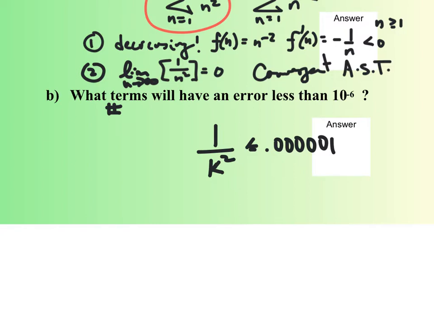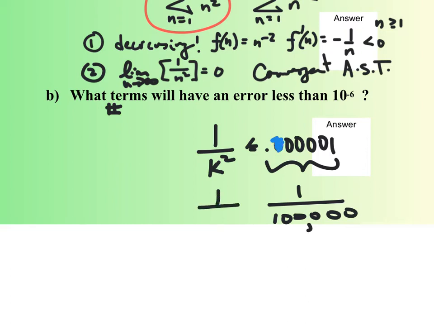Okay, so let's write this thing as a fraction. That would be 1 over 1,000,000. Now I need to be corrected here. So 1 over k squared. Let's find out where that would be less than that.